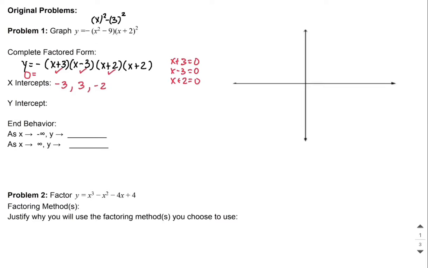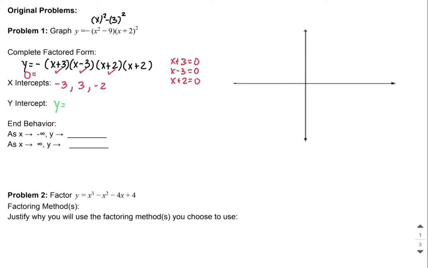All right, for my y-intercept, I can find it by plugging in x is equal to 0, always, because I'll be on my y-axis when x is equal to 0. So everywhere I see an x, I'm plugging in 0, and I'm going to do it with this form here.